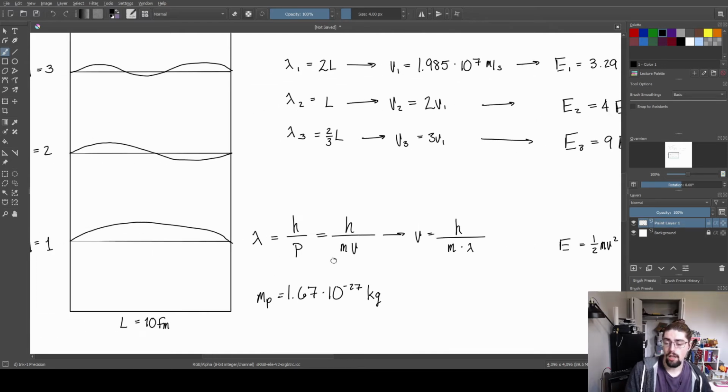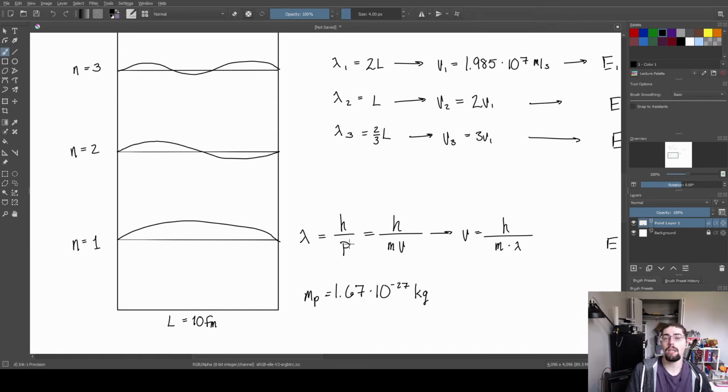So for a proton to be in an in-between state is just an impossibility. It's not something that's allowed to happen. By all of these equations, the only energy states the proton is allowed to be in, the only velocities it's allowed to have, are the velocities we have just calculated right here. Nothing else.